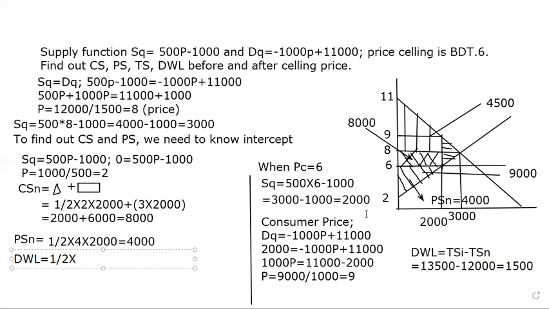Otherwise, your difference right now is 9 minus 6, taka 3, because this area falls under your deadweight loss only. So you will use 3, and then you should also use the difference between this function. That means initially it was 3,000, now it is 2,000. So our difference will be 1,000.